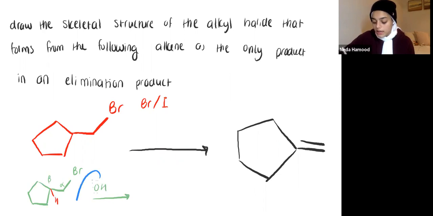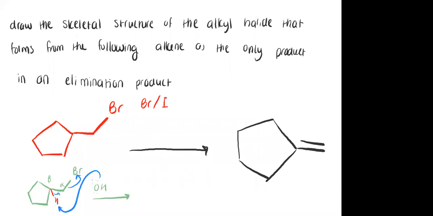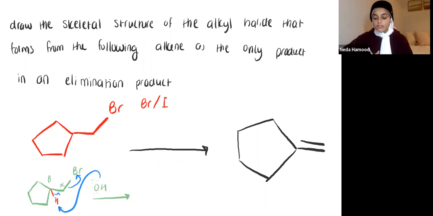The OH would attack the hydrogen. The electrons would move there. Bromine would be there. Can you guys not hear me? Yeah, we can. Okay. So then we have our final product. Everybody cool with that? Okay, awesome.